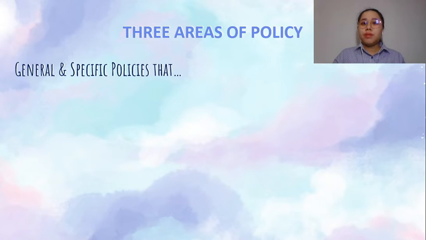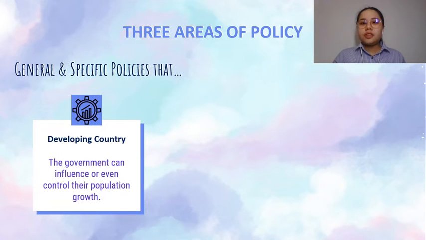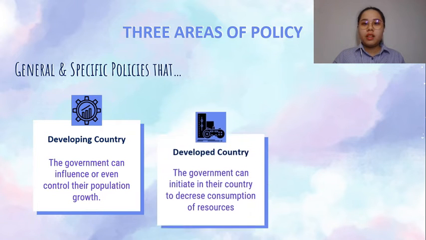In order to bring about a long-term reduction in the overall rate of world population growth, there are 3 areas of policy that can have important direct and indirect influences on the well-being of present and future world population. The first is the general and specific policies that governments of developing countries can use to influence or even control their population growth.